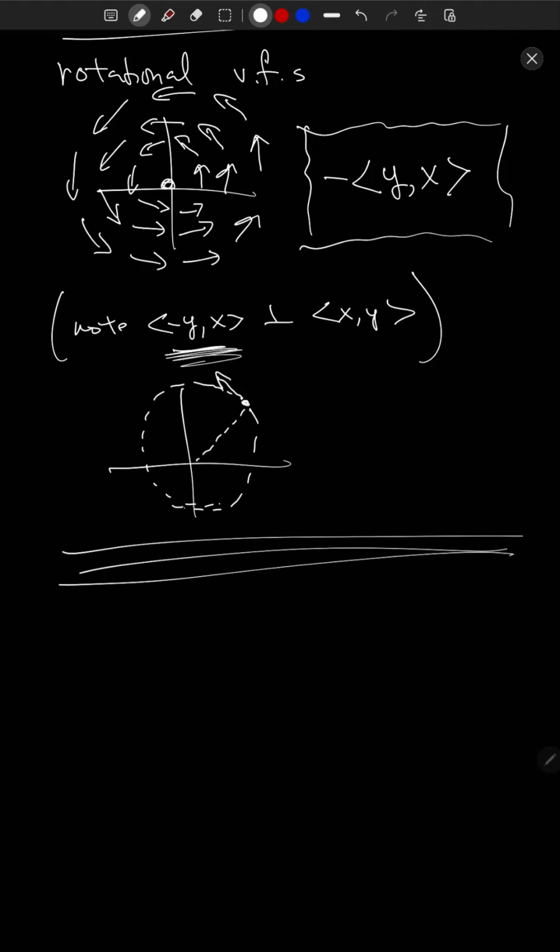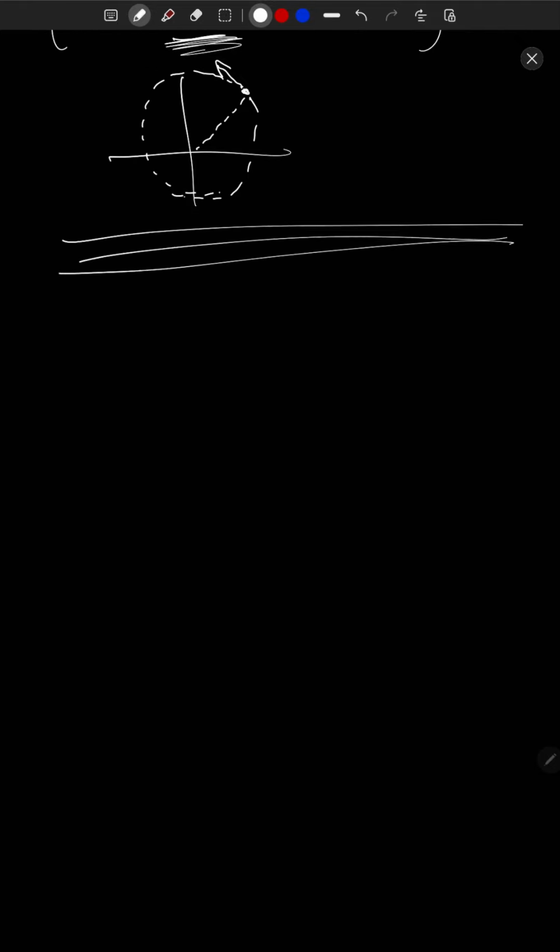But we actually have many, many examples of vector fields. In fact, anytime we have a function f, we can generate a vector field by looking at gradient f. So the vector at the point x comma y would be gradient f at x comma y.